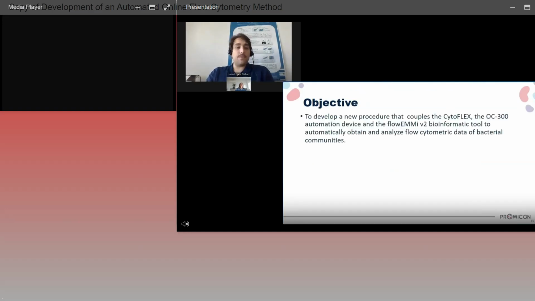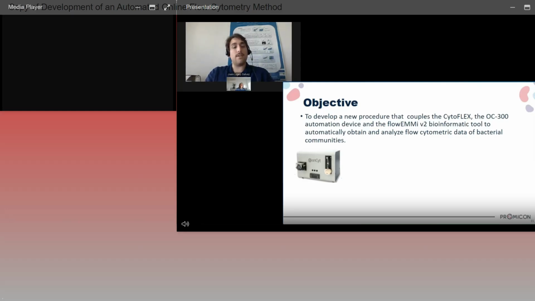The objective of this work was to develop this procedure that couples the Cytoflex, the OC300 automation device that was developed and produced by onCyt, and the FlowMe version 2 bioinformatic tool to automatically obtain and analyze flow cytometry data of bacterial communities. Here is a visual representation of the objective.